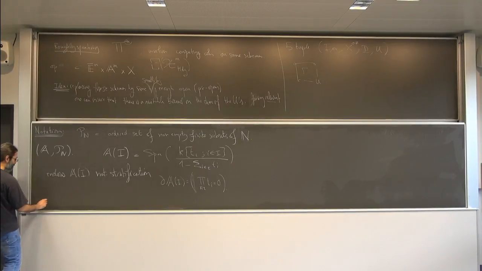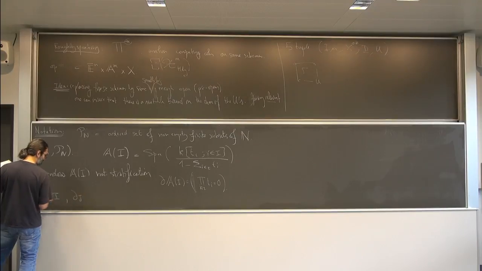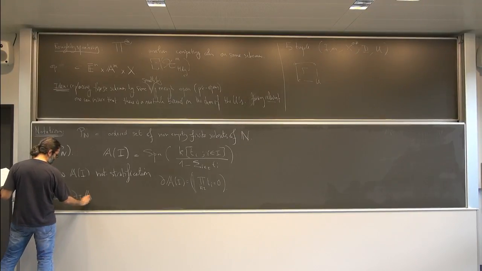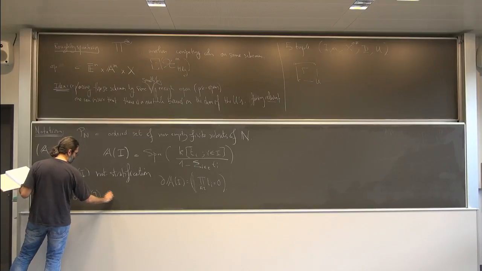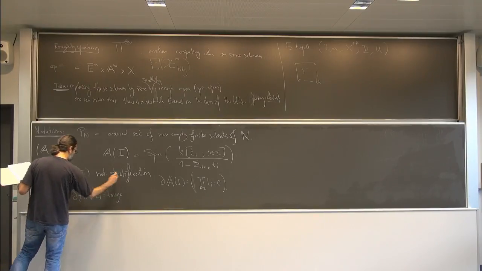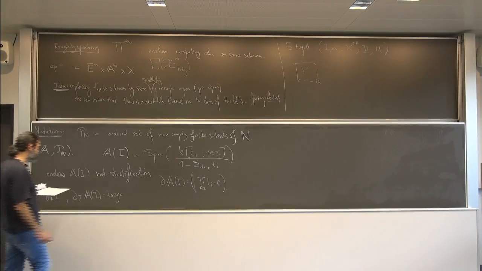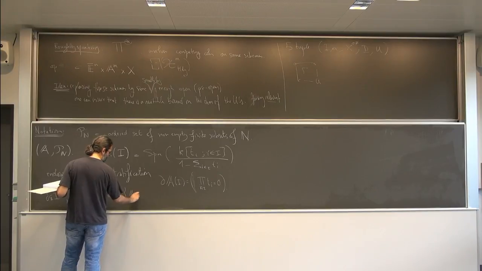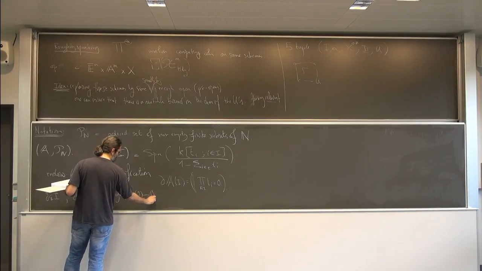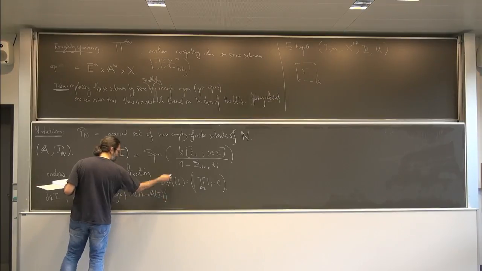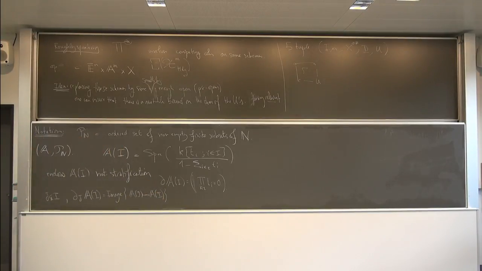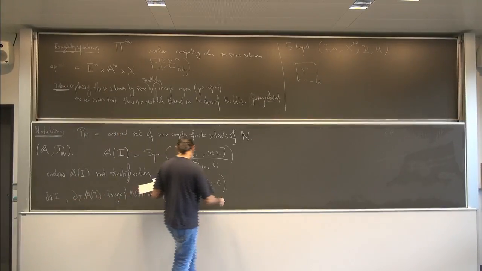And given a subset G inside I, I denote by partial_G A_I the image of the natural inclusion. So this is a subset, an intersection of faces of this divisor. All right.